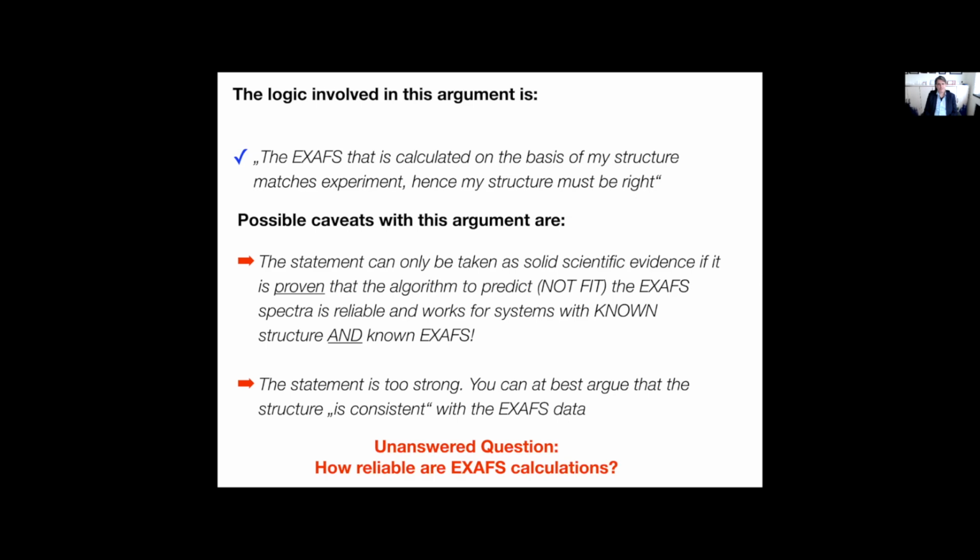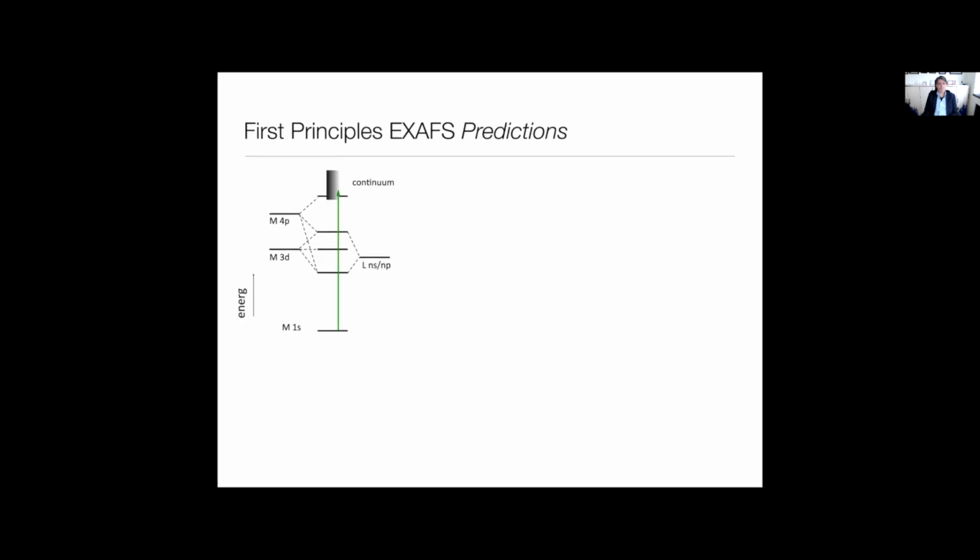Now, then the unanswered question at the time was, how reliable are these XFs calculations? And we have teamed up with John Rehr here, and it was a very interesting study. We had wonderful discussions that I enjoyed very much. So let's first look at what the XFs really is.